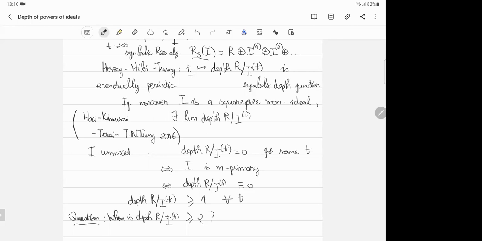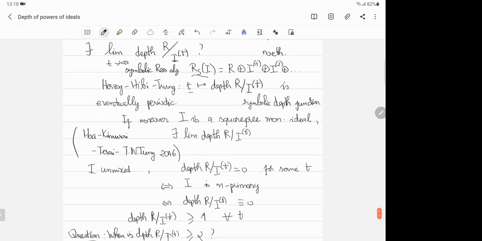So what is the role of the symbolic Rees algebra? The symbolic Rees algebra is this ring, and the symbolic depth function is a numerical function.